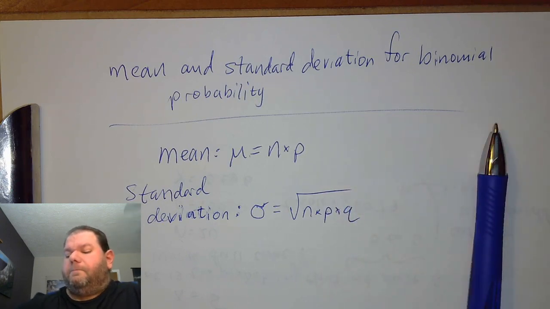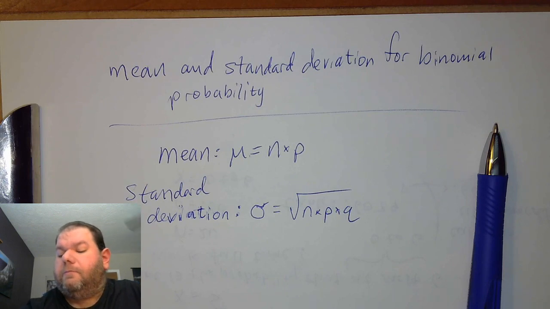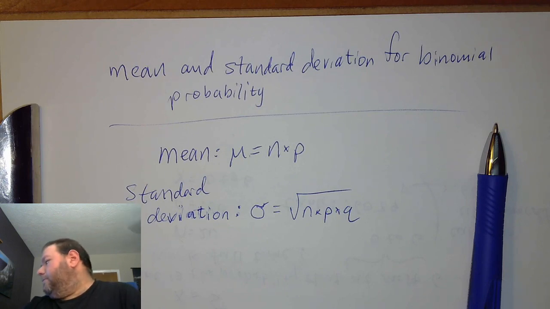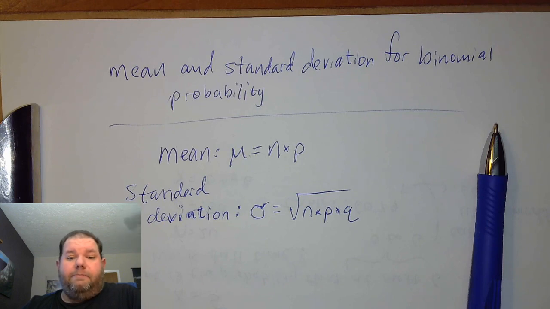Okay? It's about as simple as it can get. And I'll actually provide these formulas. You don't have to worry about memorizing them, just like on the other tests and future tests.